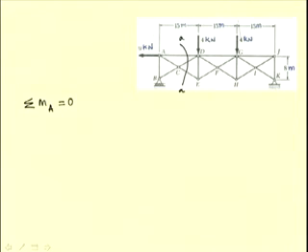If we take the moment summation about A, since these two forces are concurrent at A, we have only this force in the member CD which is unknown, and all other forces, that is the reactive force at B and the applied force of 9 kilonewton at A, are all concurrent at A. Thereby the force in the member CD has to be 0, because the moment of this force cannot be balanced by any of these forces.